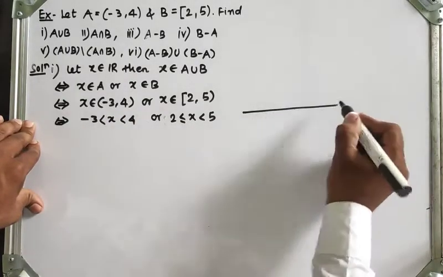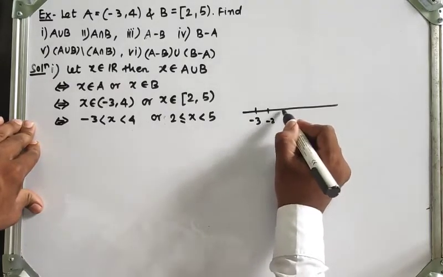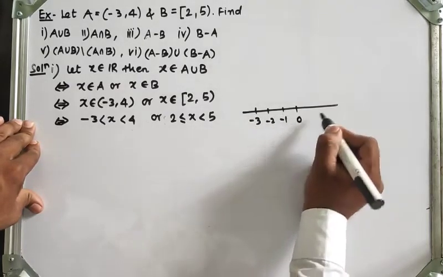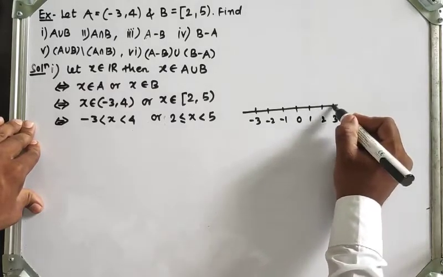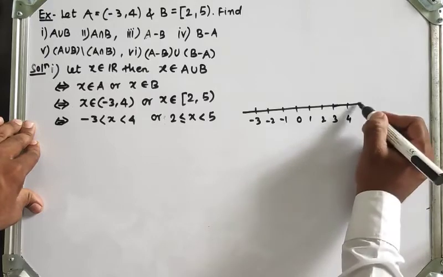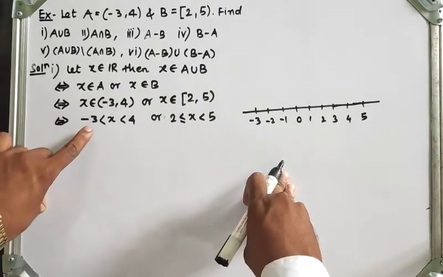Geometrically, here is -3, -2, -1, 0, 1, 2, 3, 4 and 5. So what is the first interval?